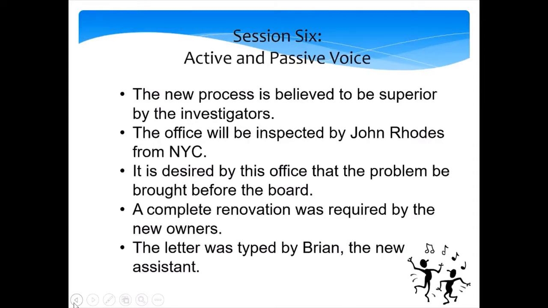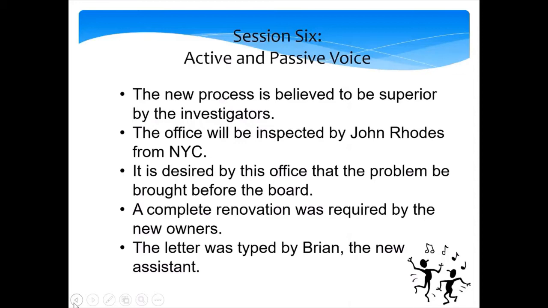The new process is believed to be superior by the investigators. In this sentence, the subject is, we'll firstly just read through these examples and go into more details. The office will be inspected by John Rhodes from NYC.